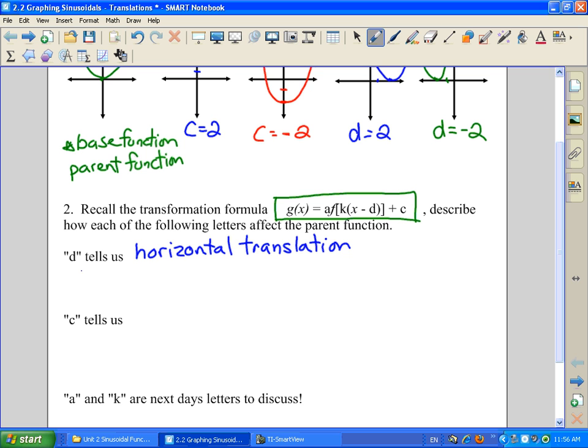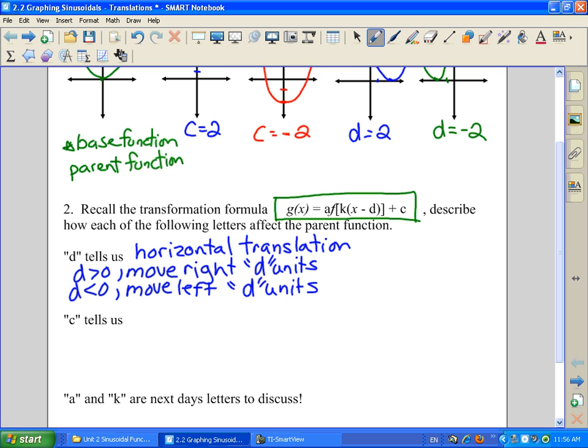Okay, if D is greater than 0, then it's going to move right however many units D is. If D is less than 0, or negative, it's going to move left D units.